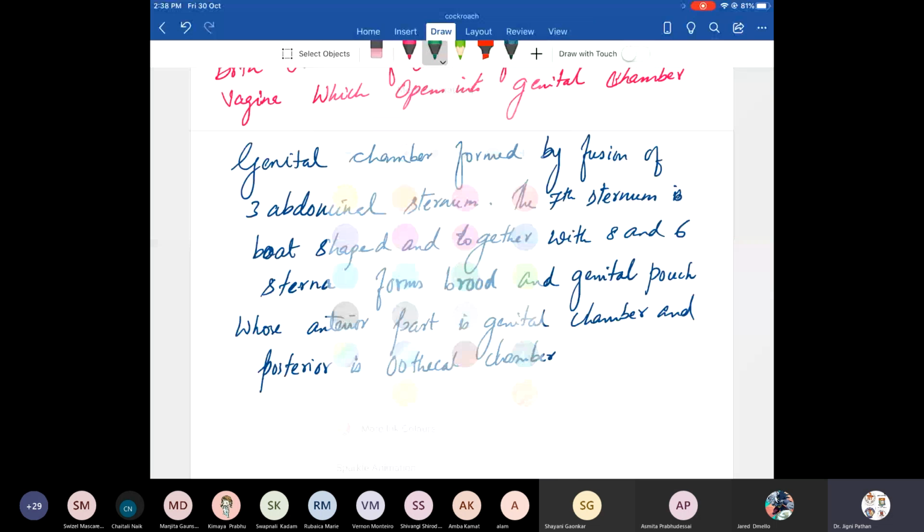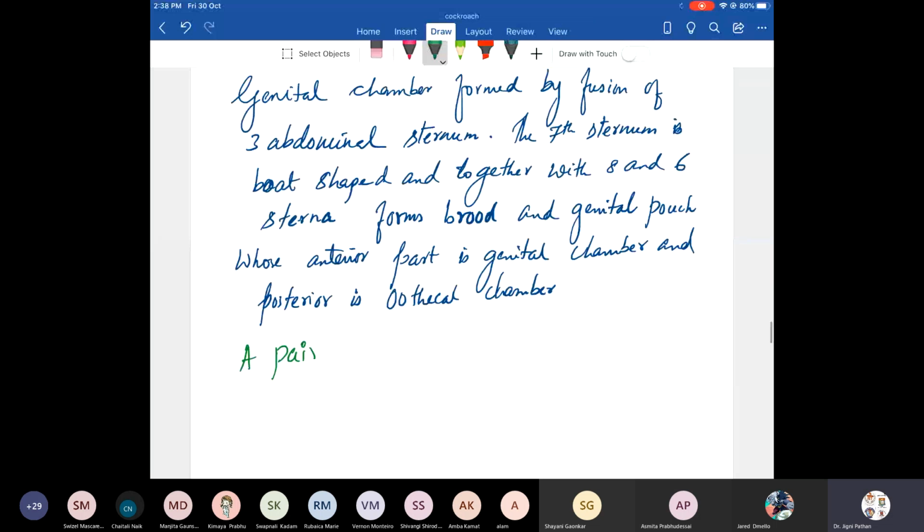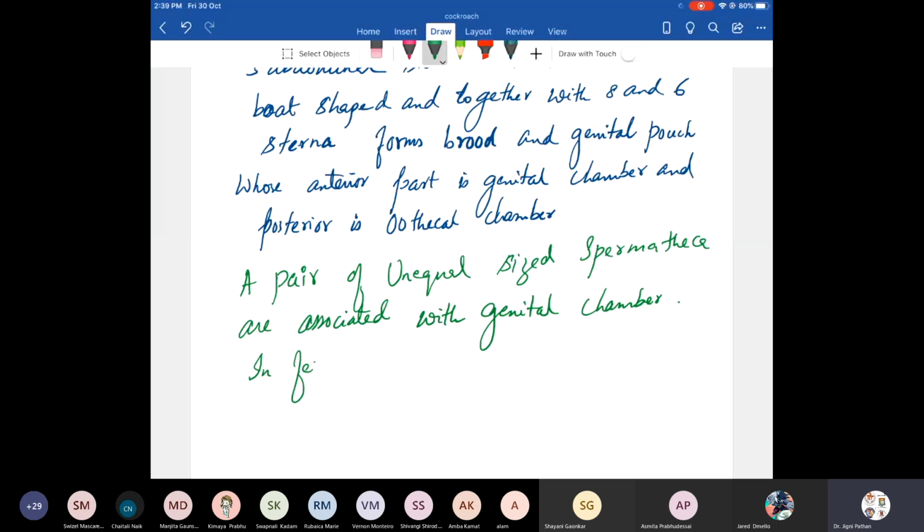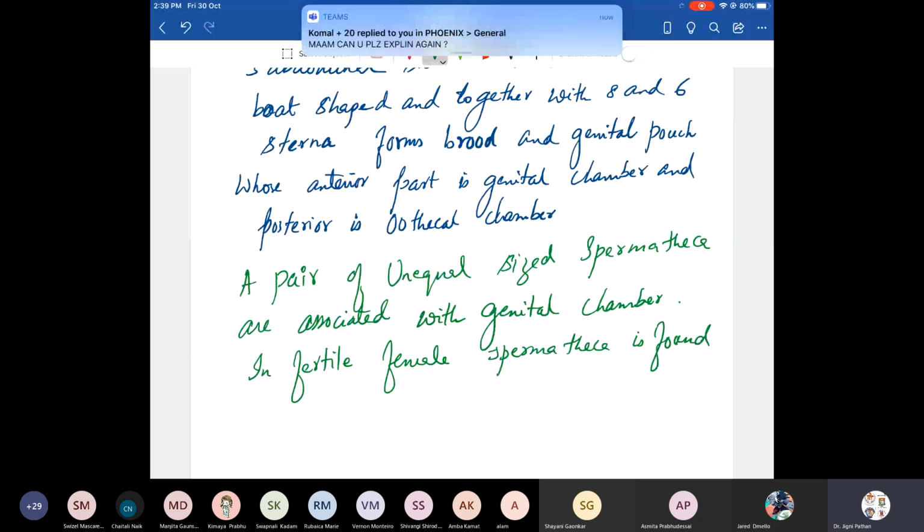a pair of, very important now, a pair of unequal sized. Yeah, sure, I'll explain.